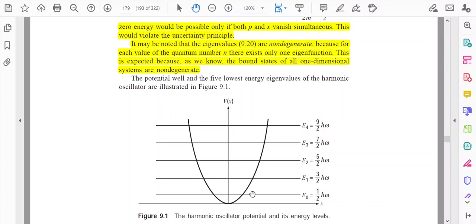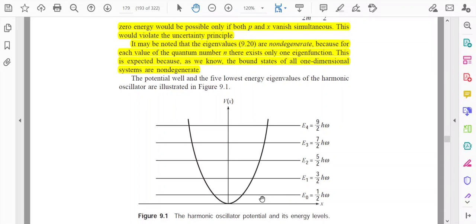In the same graph, we have drawn some horizontal lines, and these horizontal lines represent the total energy values at different states. For example, this is the lowest possible energy, E0 equal to half h cut omega at n equal to 0. This is the lowest possible energy and it is not 0.